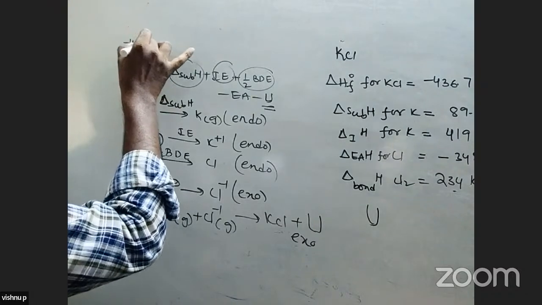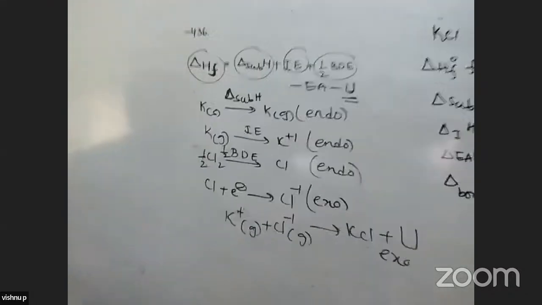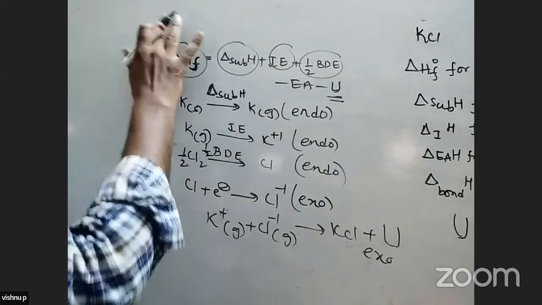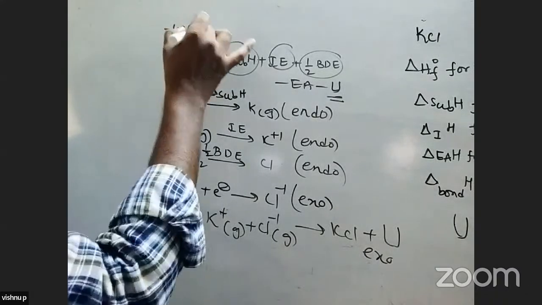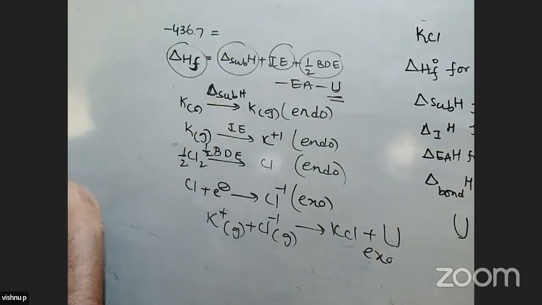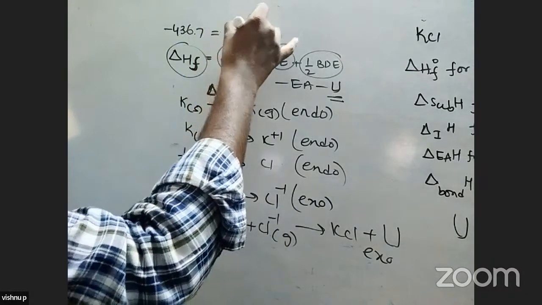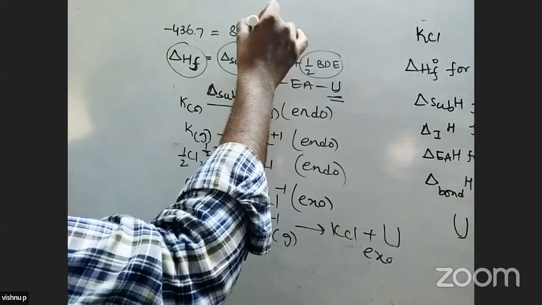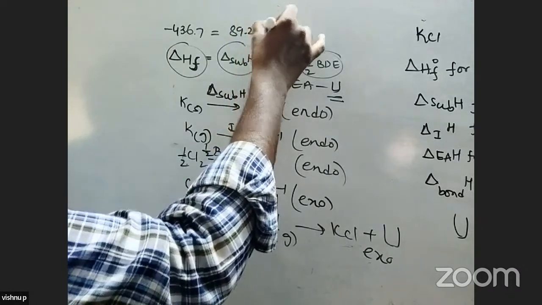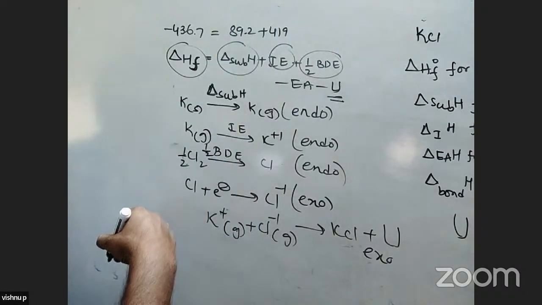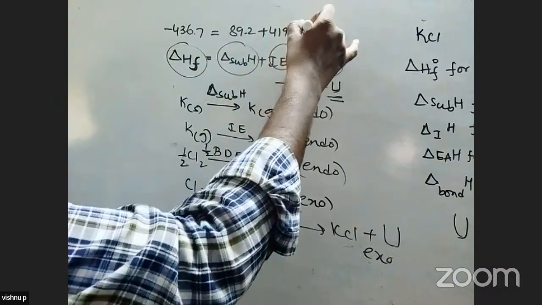Here we write the formation enthalpy is minus 436.7, which is equal to the sublimation enthalpy 89.2 plus the ionization enthalpy 419 kilojoules, and the electron affinity is minus 348.